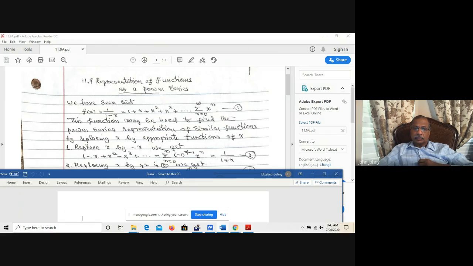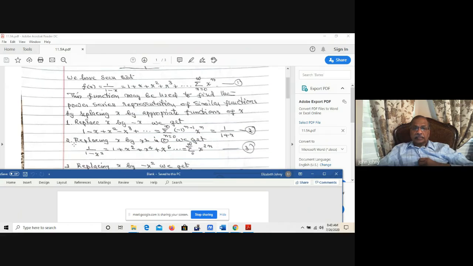It must be -1 to the power of n, not n minus 1. 1 over 1 plus x. But this series is easier to understand: 1 minus x plus x squared minus x cubed plus etc. That is equal to 1 over 1 plus x.